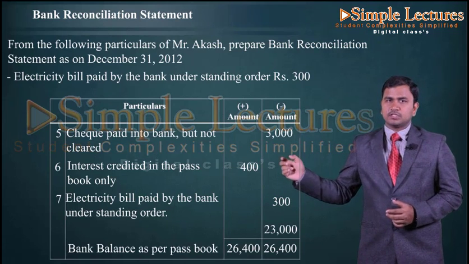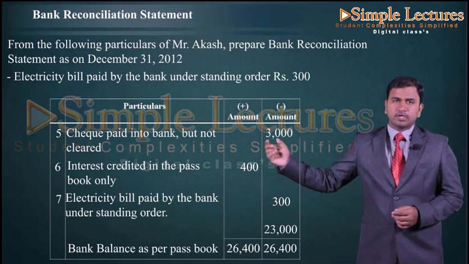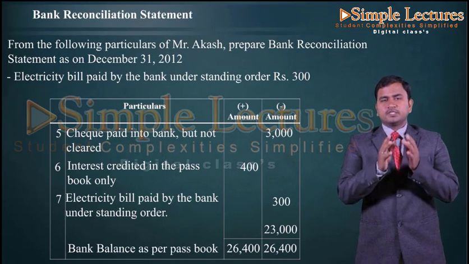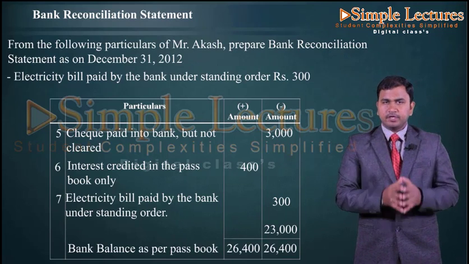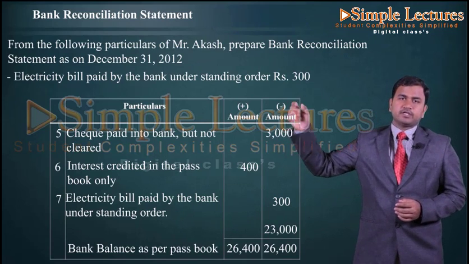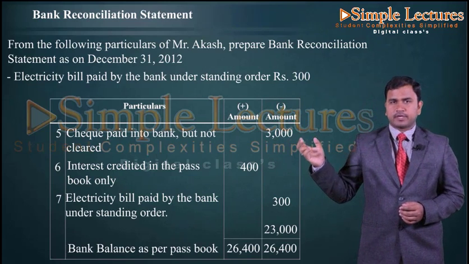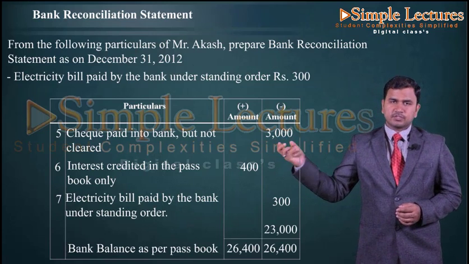So, this 23,000 is what? Serial number 8, balance as per passbook, in bracket we can write balancing figure. So, here by considering the information we have prepared the bank reconciliation statement, where the first entry we have taken is balance as per cash book. After writing all the additions and subtractions, we have ascertained the value as per the passbook, which is the balancing figure.